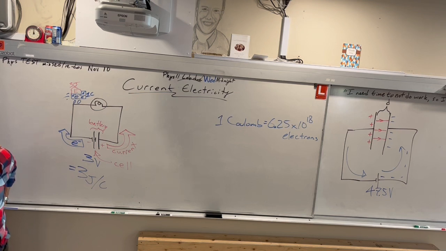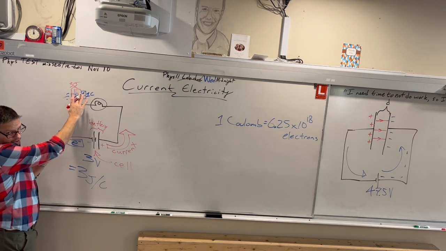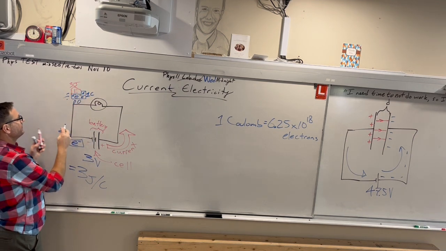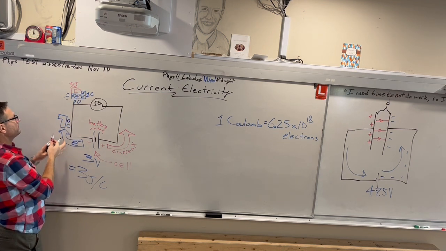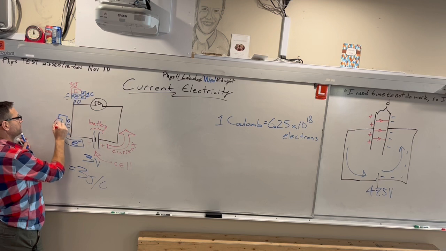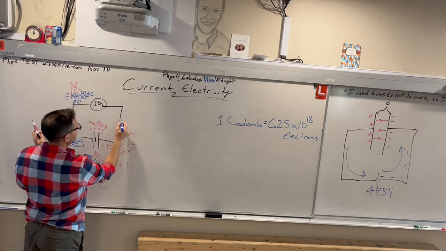Yes. So for every coulomb, there's more than 1 truck here, right? There's a truck down here, and it's full of energy. And there's a truck over here, and it's coming down.